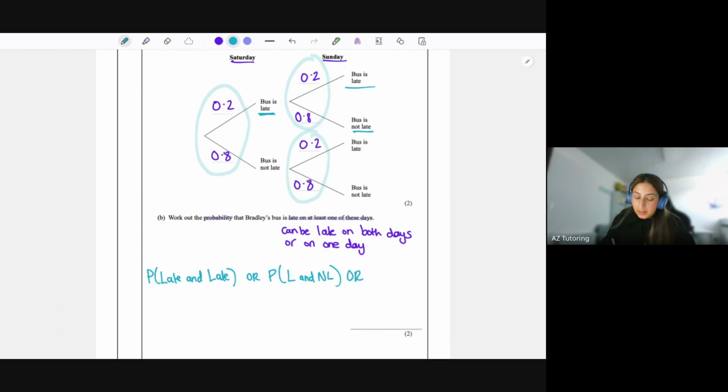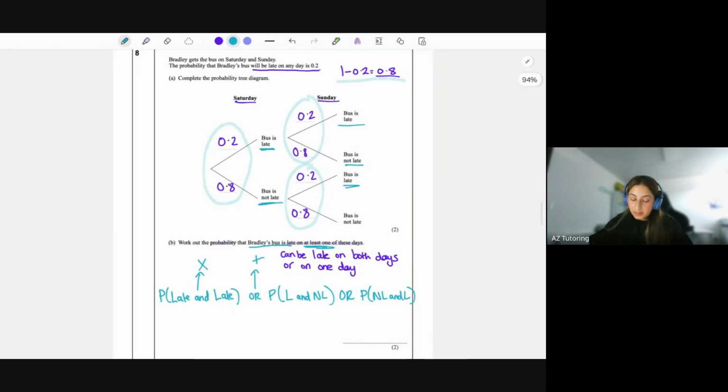Or it can be not late and late. So I've worked out what combinations I can have. So it can be late on both the days because it said Bradley's bus is late on at least one of the days. So on one of the days it can be late, or it can be late on both days. So remember, whenever you see an and, you're timesing your probabilities. Whenever you see an or, you're adding your probabilities.